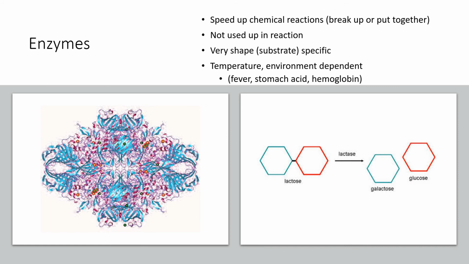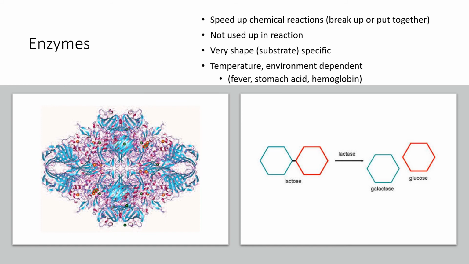So they might have an induced fit, they might change shape while the substrate is attached to it, but by the end of the reaction, the enzyme is exactly how it was at the beginning. Only the other chemicals changed. Also, enzymes are extraordinarily shape specific. The substrate, the thing that's going to be changed, can only be a certain shape. And very often, even something extraordinarily similar does not work. Or if it does fit, it causes very big issues.